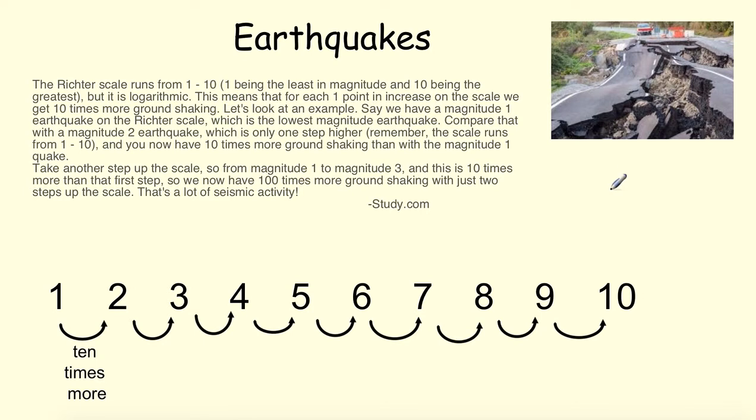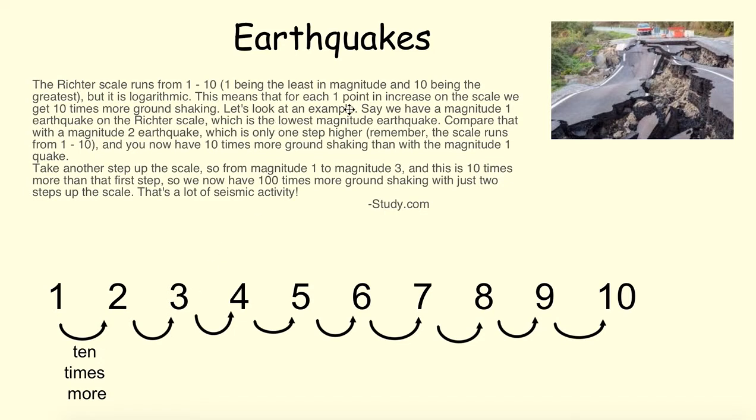Here's our real life example. It is earthquakes. The Richter scale runs from 1 to 10, which is what I have written right here. 1 being the least in magnitude, which is the least strong, I guess, and 10 being the greatest. Now, what we're going to see then is it's not just 1 degree higher, it's actually 10 times more.